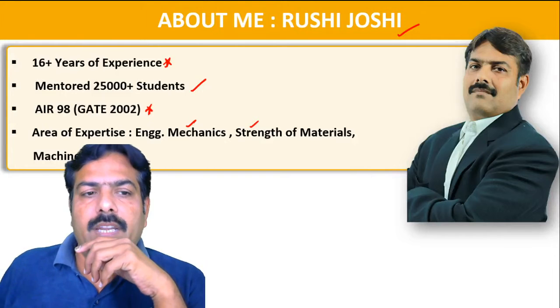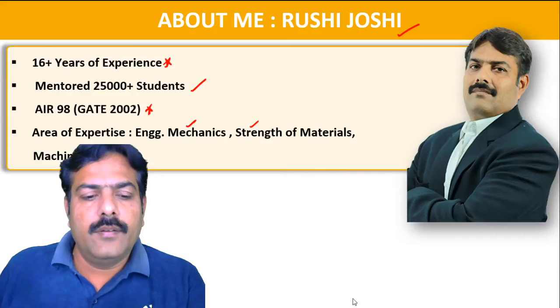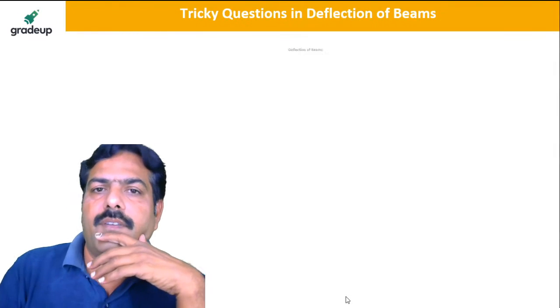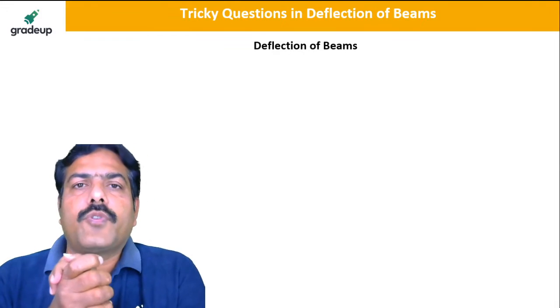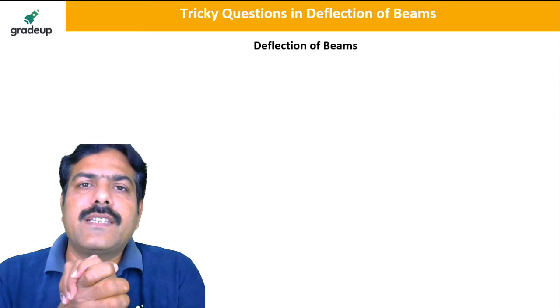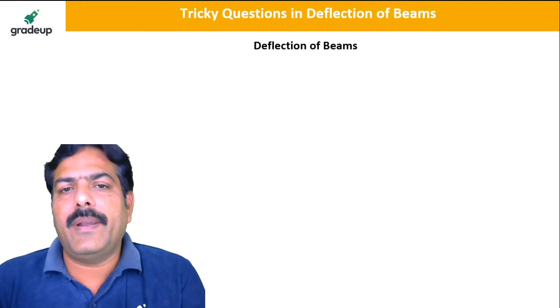So my dear friends, let me start with deflection and slope. Generally, there are two types of questions which are asked to you. One is called the slope of the beam and one is called the deflection. So why do you require deflection? Can you tell me, my dear friends?